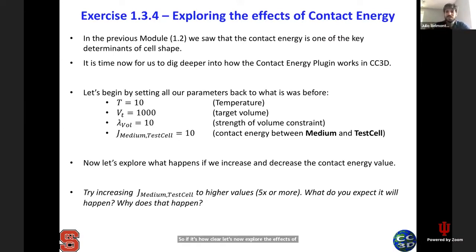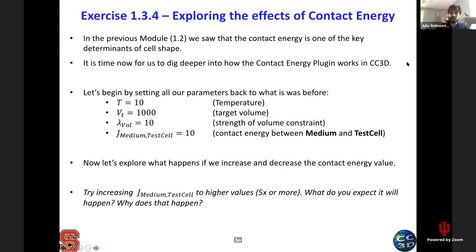Let's go back to our 3D and make sure we have all our parameters back to the original values. Let's make the temperature equal to 10, the target volume 1000, the lambda volume 10, and the addition between medium and the cells 10.